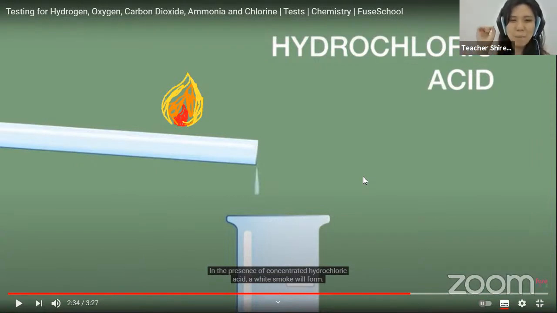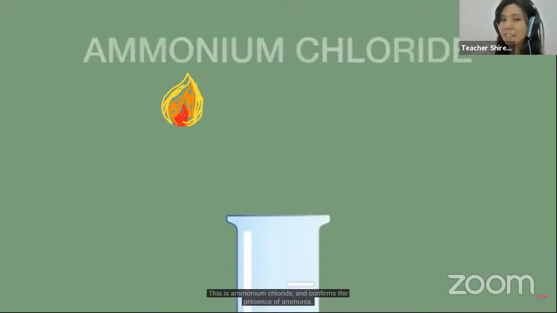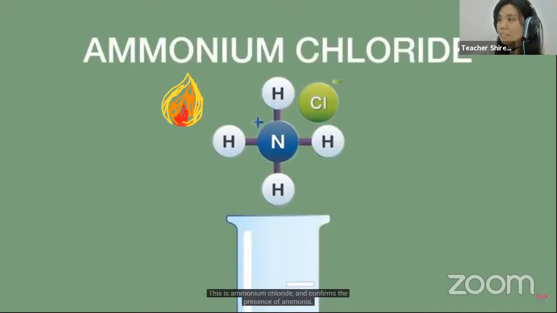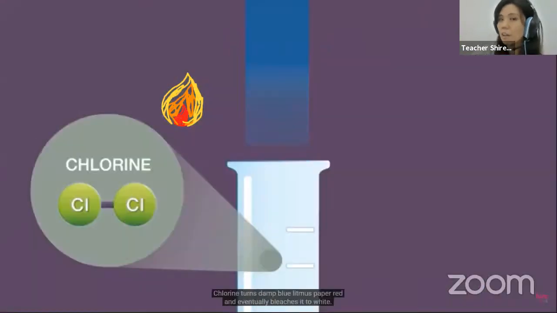That's why most of the air has no smell, which is odorless, but gas ammonia is smelly. A white smoke will form. This is ammonium chloride and confirms the presence of ammonia. Chlorine turns damp blue litmus paper red and eventually bleaches it to white.